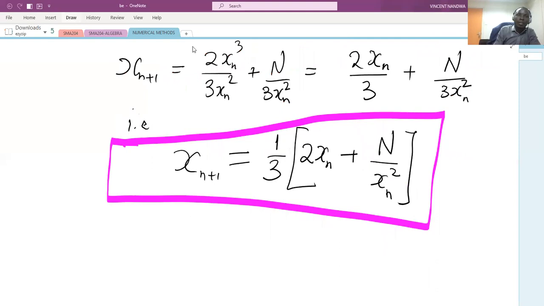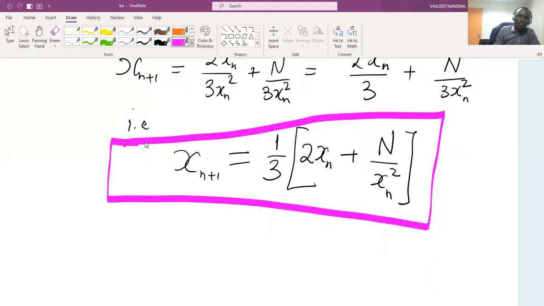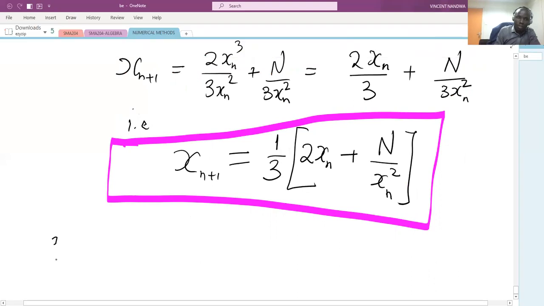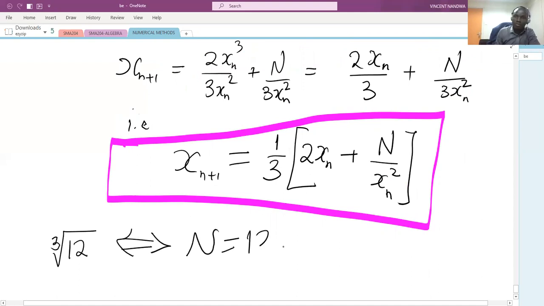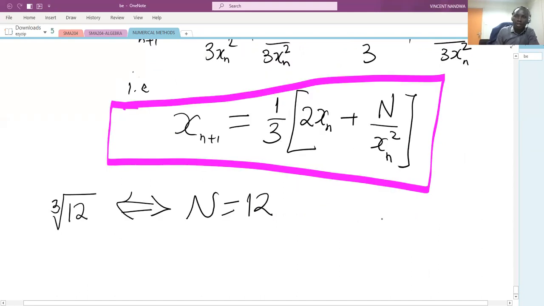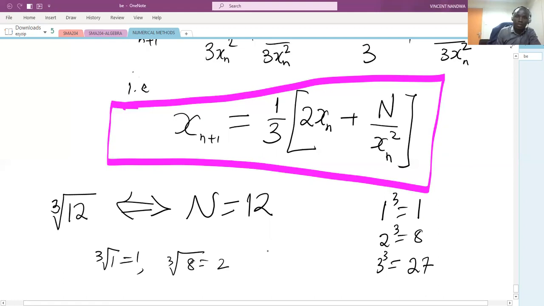Then let's go to the last part of the problem. The cube root of 12 means that n for this case is 12. Now we know that 1 cubed is 1, 2 cubed is 8, 3 cubed is 27. So the cube root of 1 is 1, the cube root of 8 is 2, the cube root of 27 is 3.